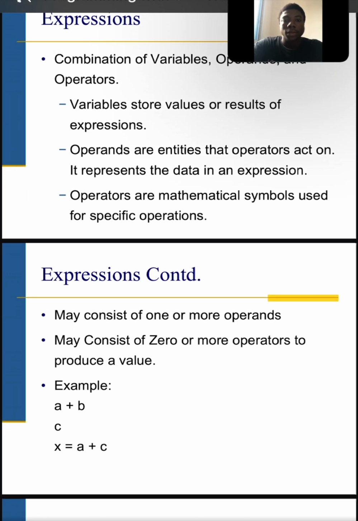For example, a plus b, we have c, x is equal to a plus c. These are examples. Then we move to the operation: a plus b, where a is operand 1 and b is operand 2, and the plus sign, the addition sign, is the operator.